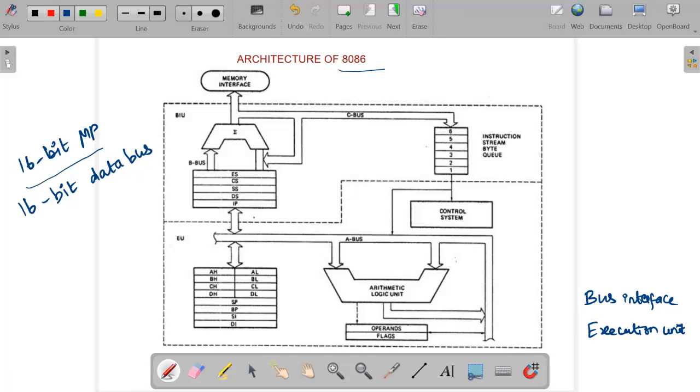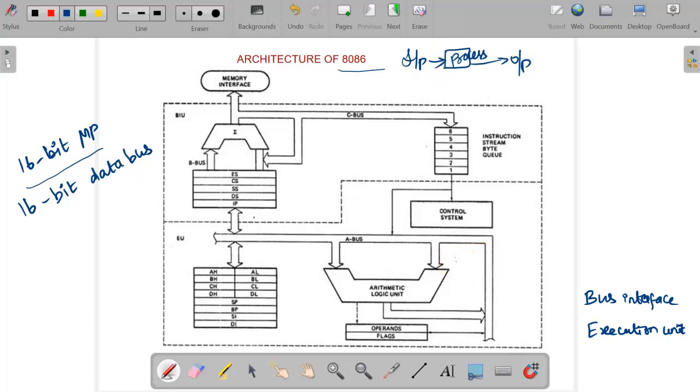A microprocessor is a programmable integrated circuit which acts as the CPU of a computer or an embedded system. So generally it will accept the input, operate on that input, process it, and then produce the output.